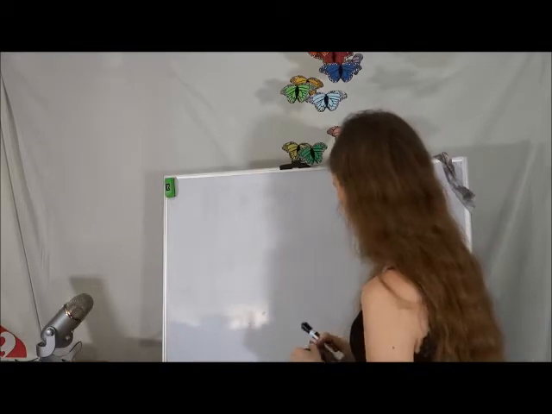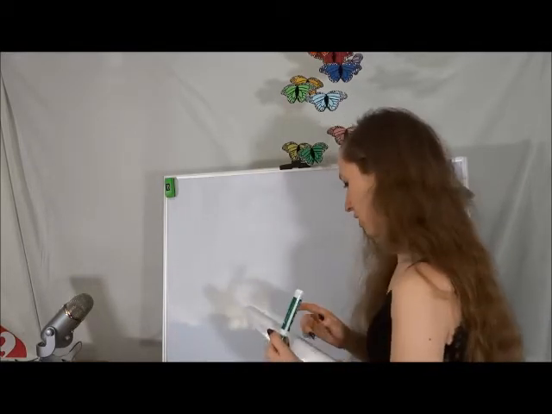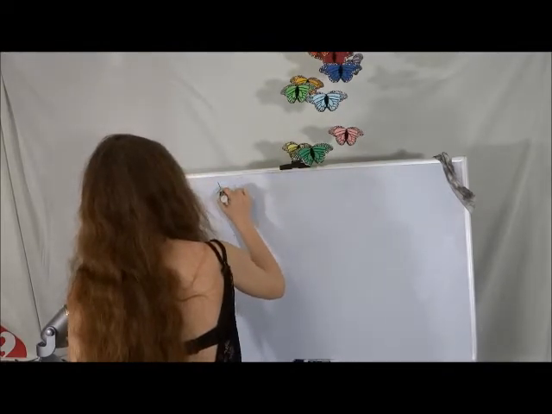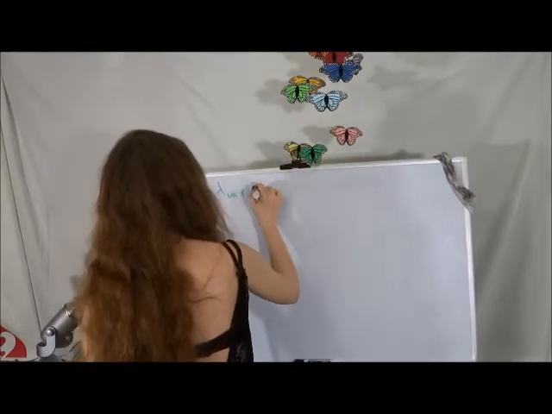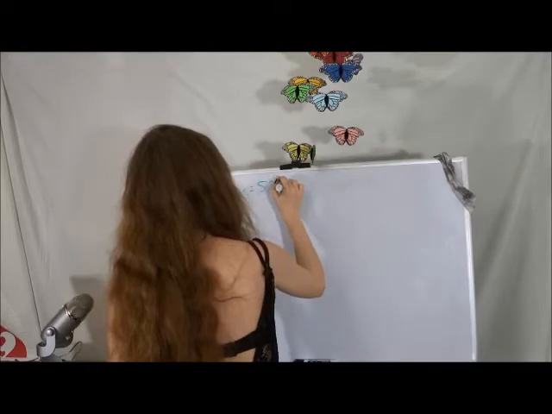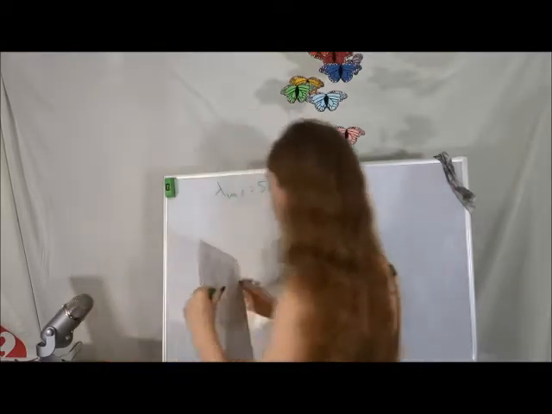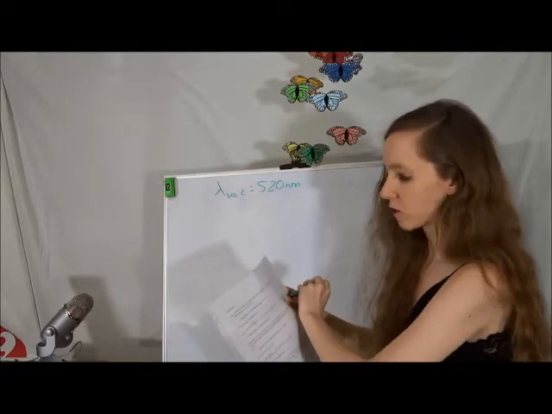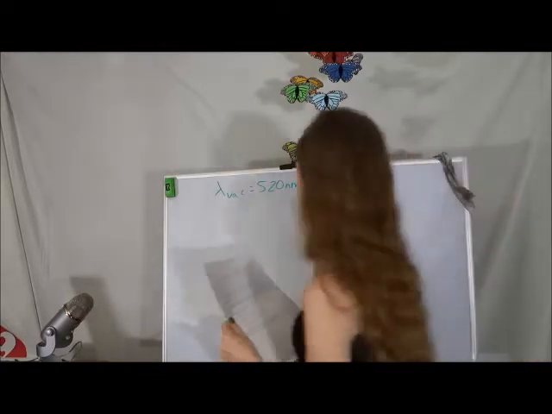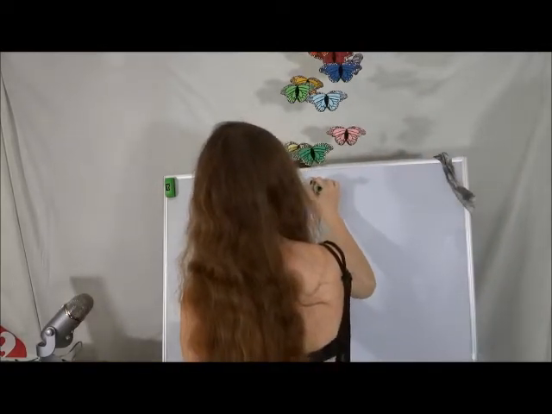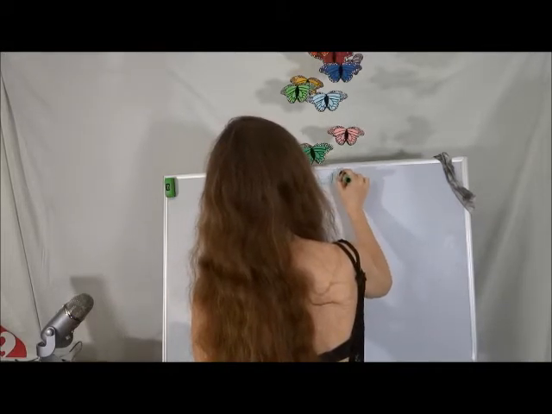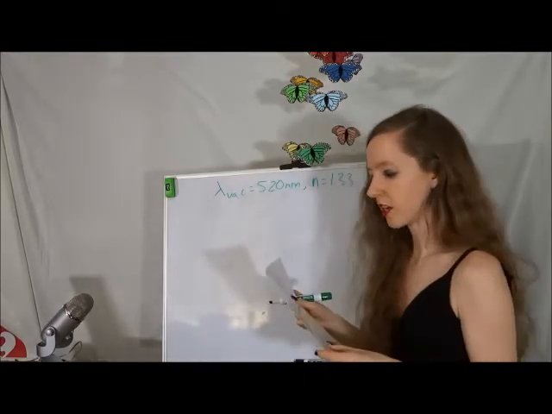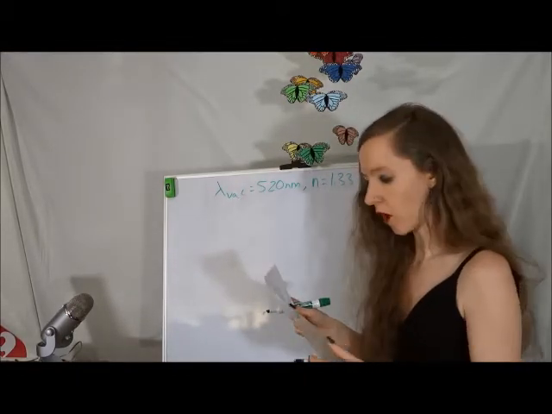Now our green light, let's suppose, has a wavelength of 520 nanometers. So our wavelength in vacuum of our green light is 520 nanometers. And our bucket of water is at room temperature, so it has an index of refraction of 1.33. So our first question we want to know is, what will the wavelength be in water?